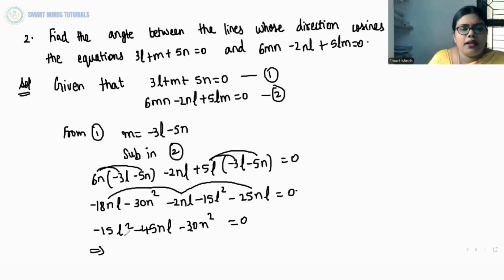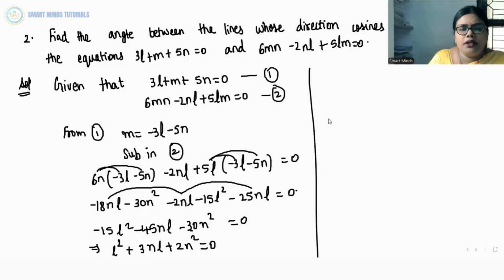Now we will take minus 5 common, or else we can take 15 common instead. So minus 15 common, L square plus 3NL plus 2N square is equal to 0.